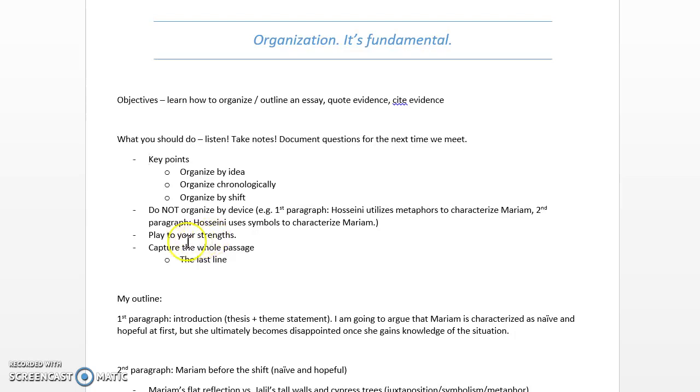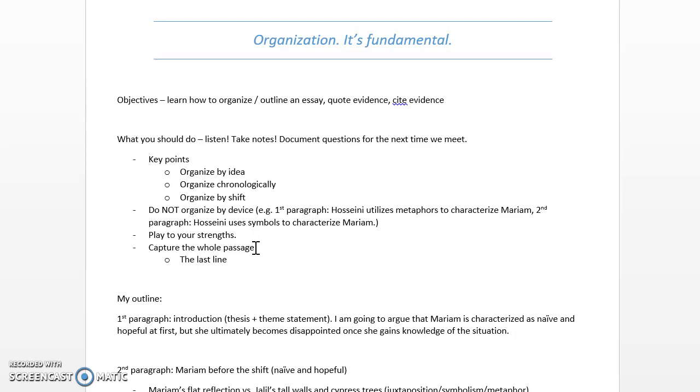And then the other thing, this is a super key point that you need to keep in mind and never, ever, ever forget. You need to capture the entire passage, including the last line. Typically, these passages that they give you on a lit exam are extracted from a whole novel, and you may not have all the context.